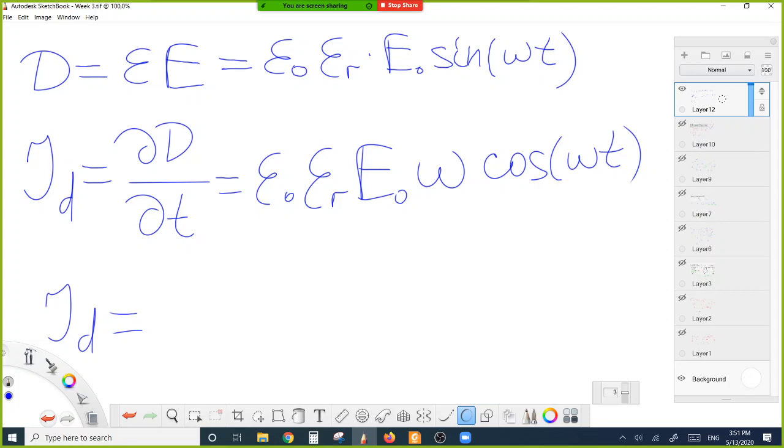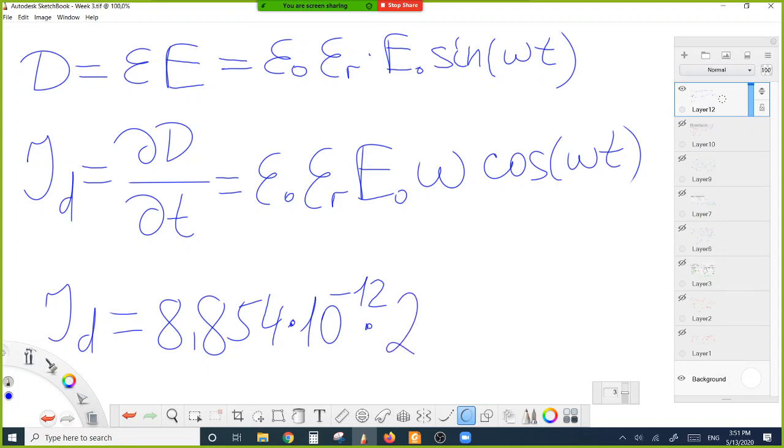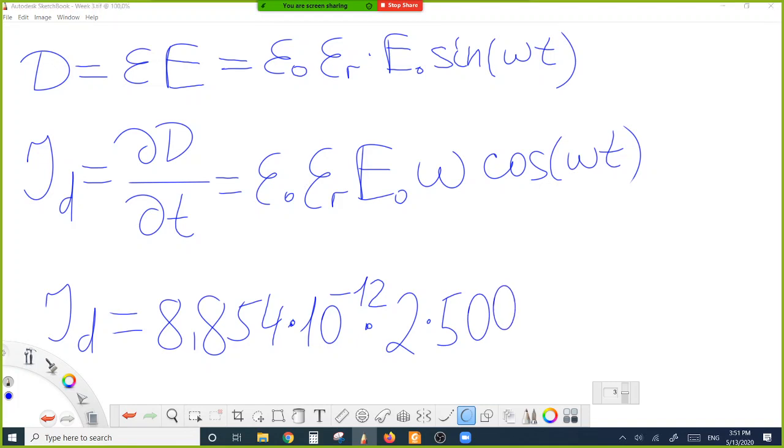JD will be equal to epsilon 0, which is 8.854 10 to the minus 12, multiplied by epsilon r, which is 2, E0 is 500, omega is 4.9 pi 10 to the 9, multiplied by cosine omega t.